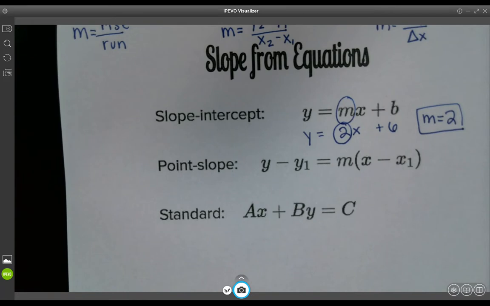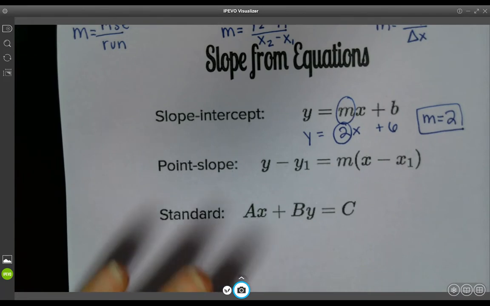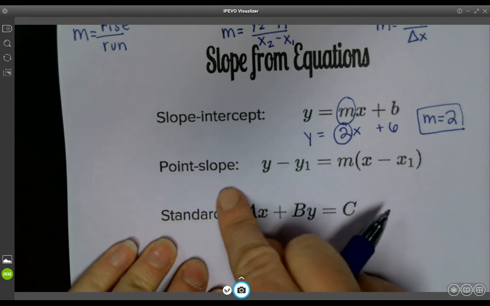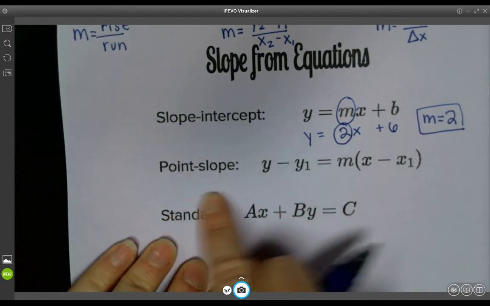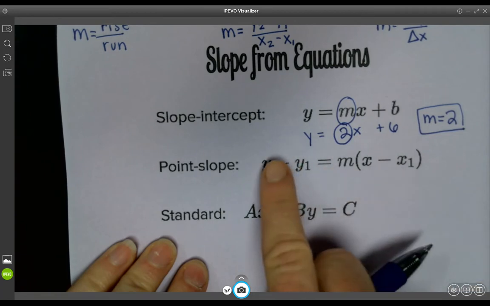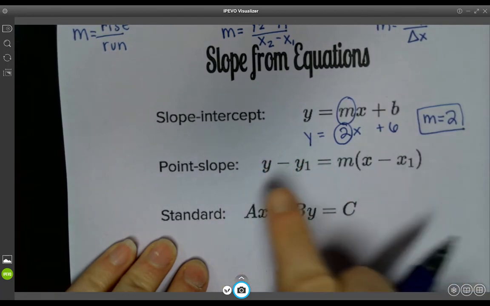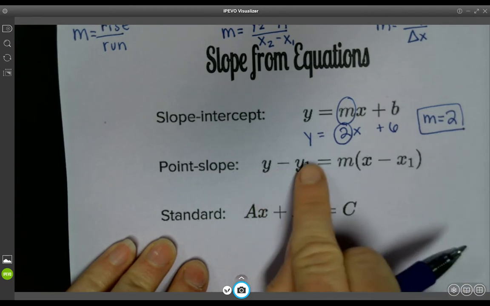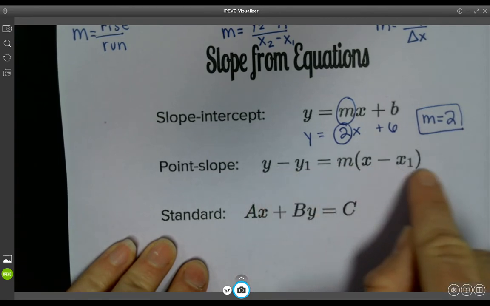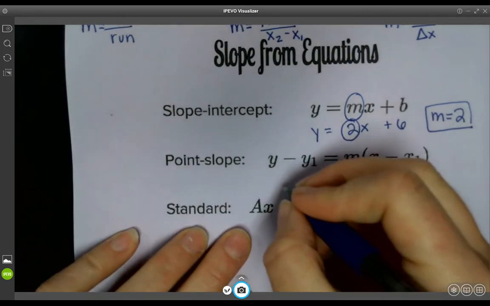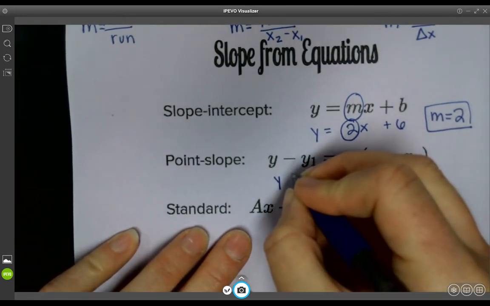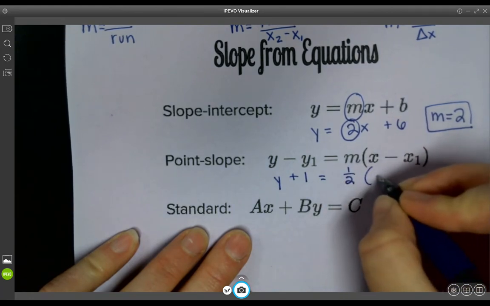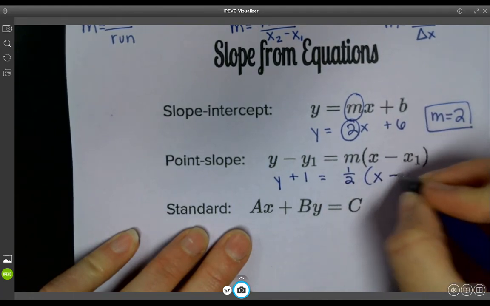But unfortunately, equations aren't always written that easily. They are sometimes written in this other form, point slope form. This is something that we're going to learn about next unit, how to write an equation in this form. But for now, we'll just be given a form like this, and we're just asked what's the slope. So it's y minus y1 equals m(x minus x1). It's really going to look like this: y plus 1 equals 1/2 (x minus 3).